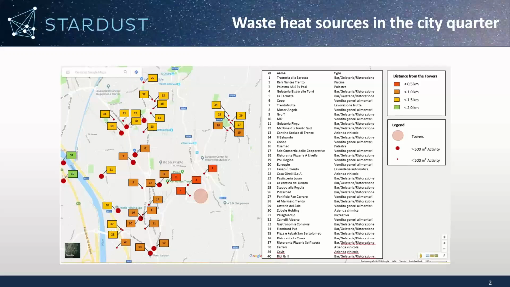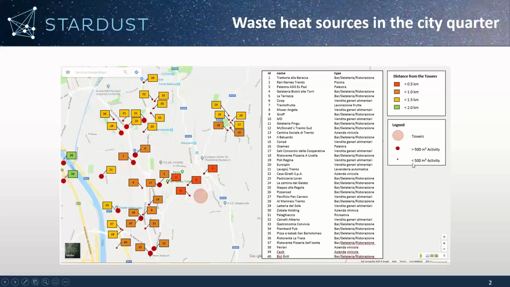So what we did is to categorize the production sites. We consider from restaurants to pastries to large, so from very small to much larger productions and tertiary buildings.